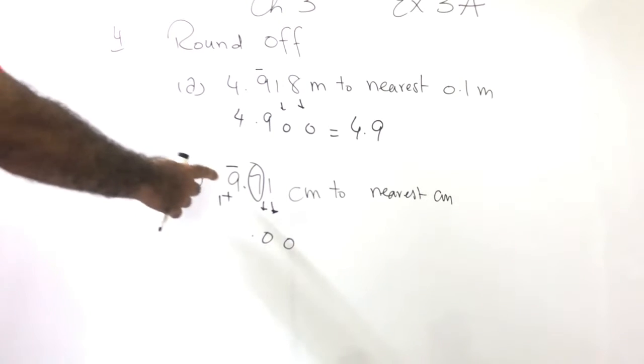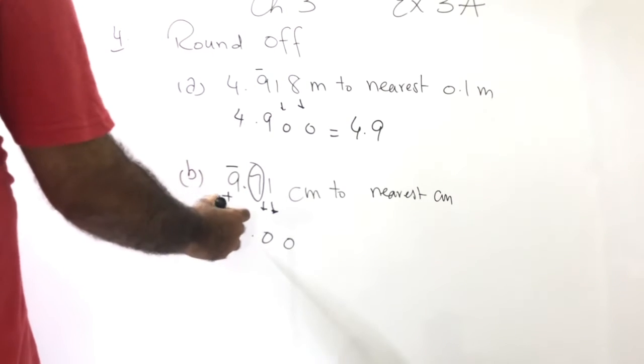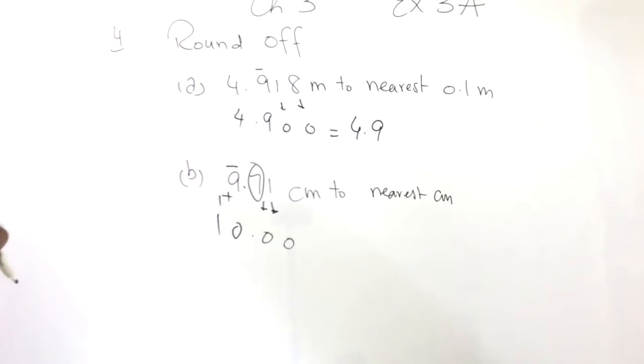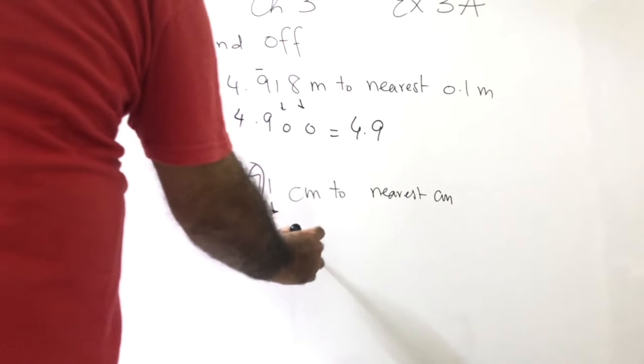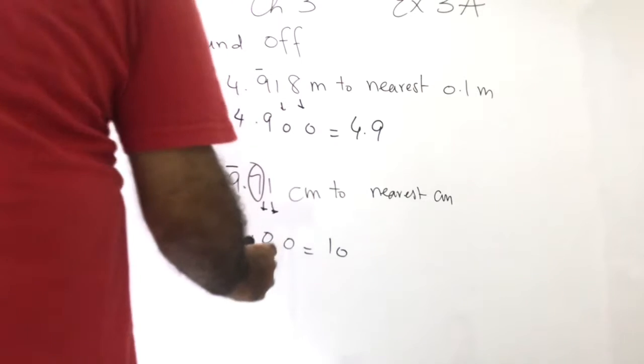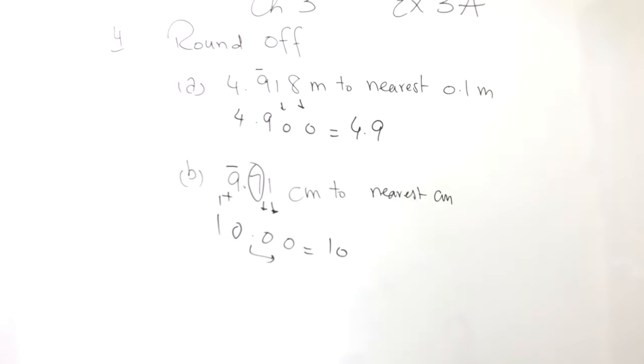So marked position is 9 plus 1, 10, it becomes 10. So we write 10.00. It means 10.0 means 10 because there is no value of zeros after the point on the right side. So 10 is the answer for part B.